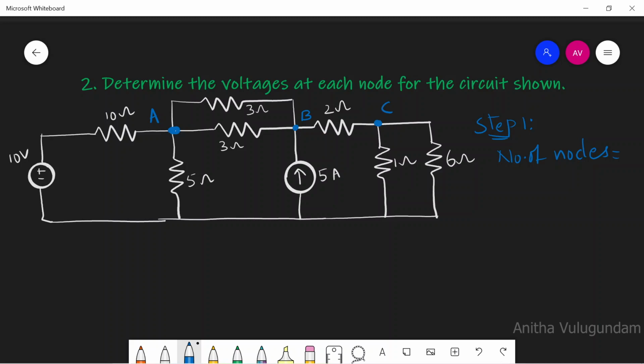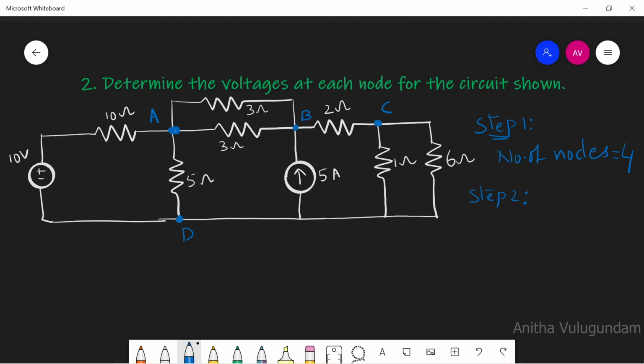In nodal analysis, always try to take principal node only where two or more elements are connected. Let this node be D. So total number of nodes equal to 4.